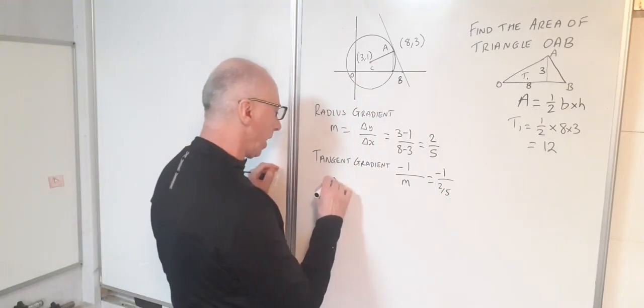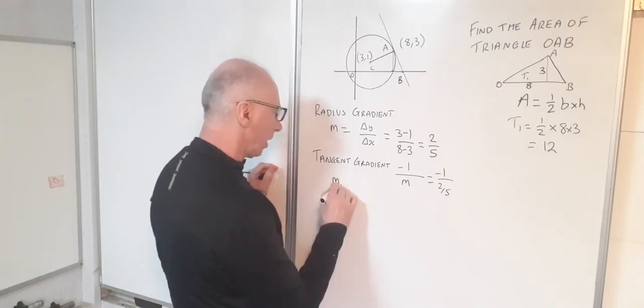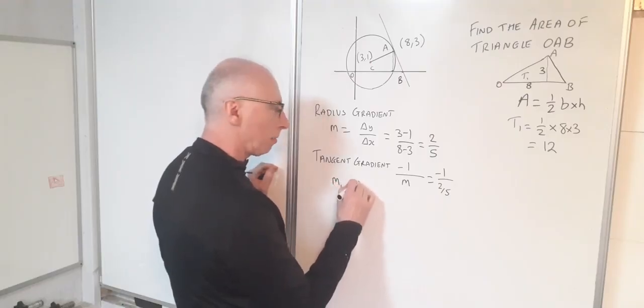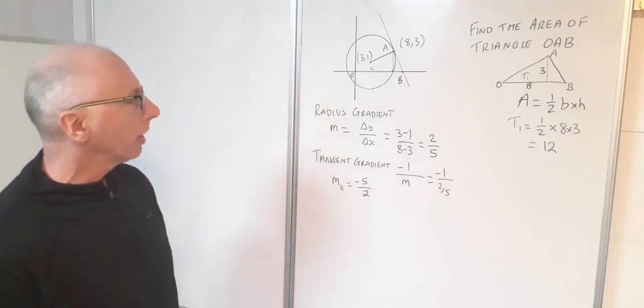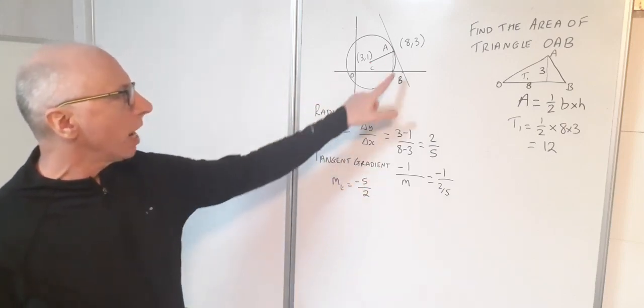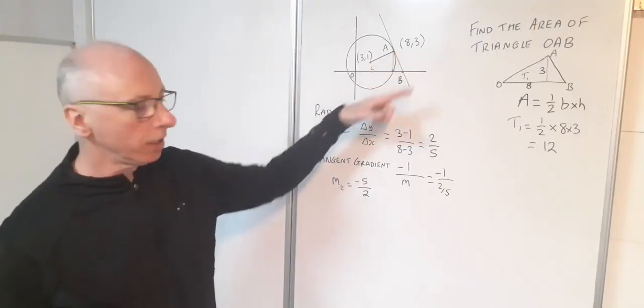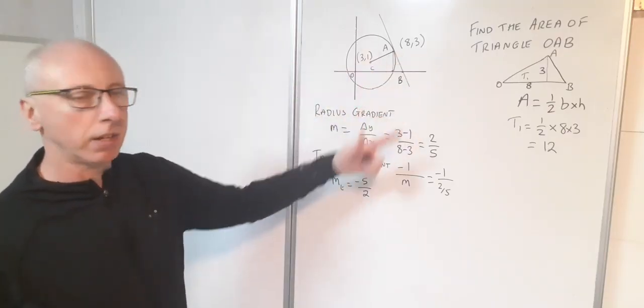So the gradient of my tangent line, which I call m_t, is minus 5 over 2. Now, if I know the gradient and an x coordinate and a y coordinate, I can find the equation of that line.